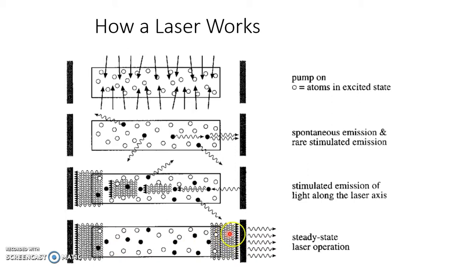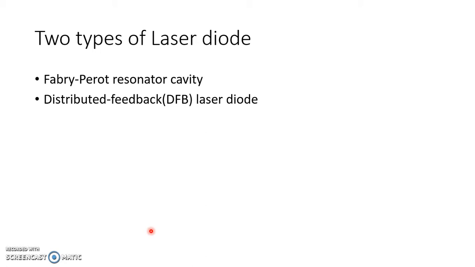The state during which optical output will be released through this reflector. Now, this is nothing but an optical resonator cavity wherein the lasing action will take place. So, based on the resonator cavity, you have two types of laser diodes.